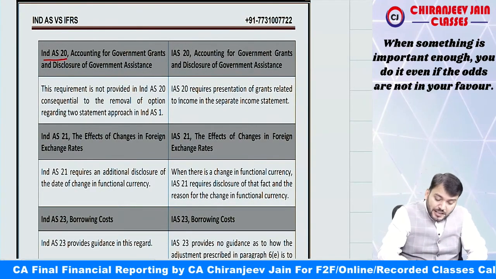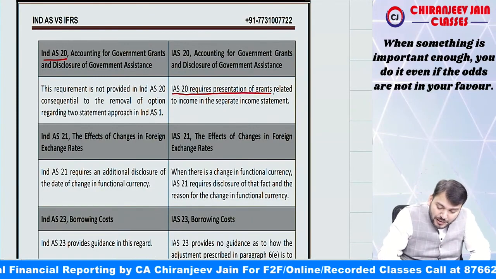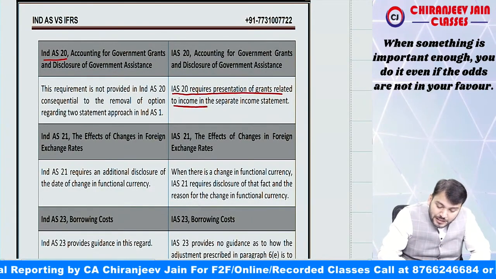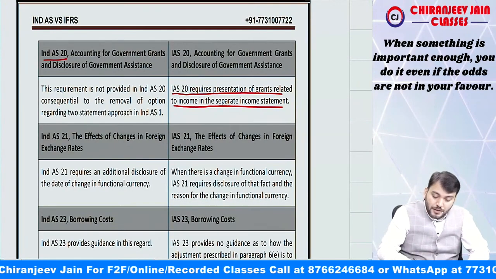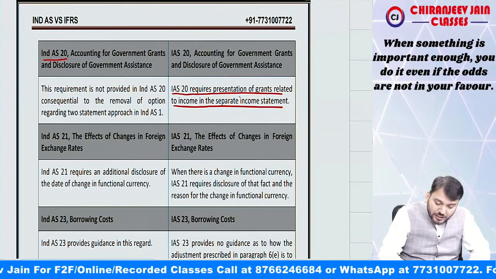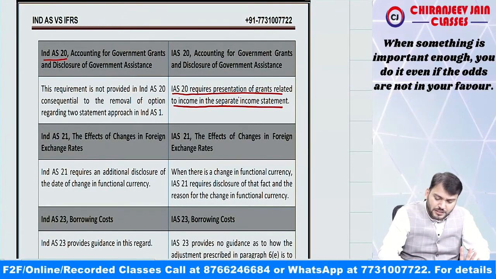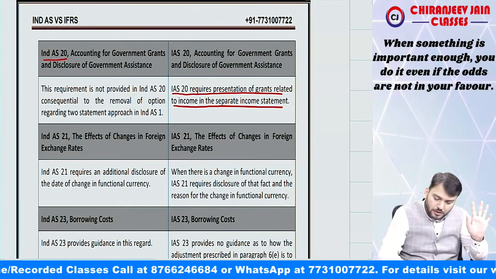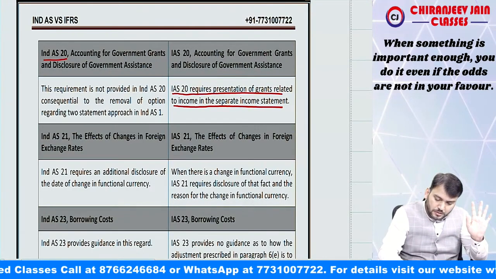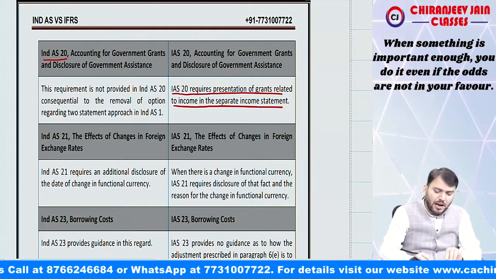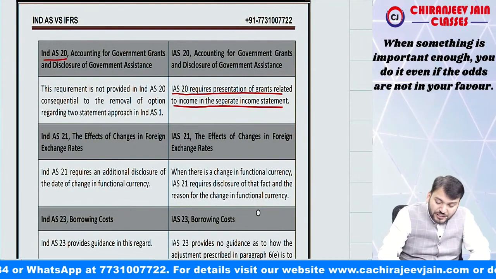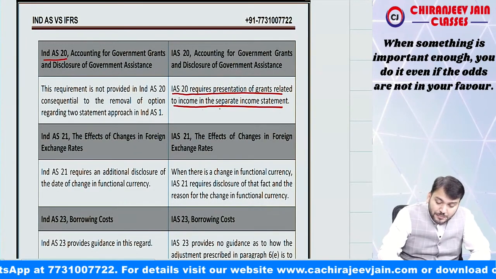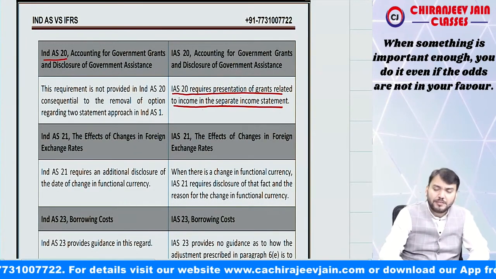Initially, IAS 20 required presentation of grants related to income in a separate income statement.